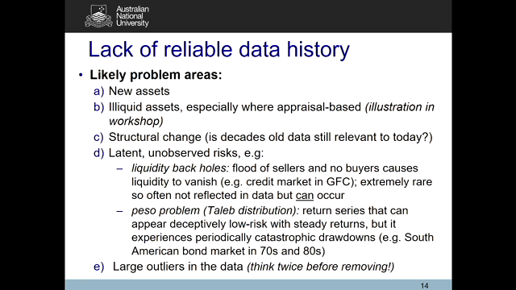And the last one to consider is large outliers in the data. So for example, let's take momentum. Momentum strategies give a pretty good return for equity markets in almost every country, not all, but most countries, and across most periods of time. So if you look at momentum strategies, they're one of those anomalies that for some reason haven't disappeared yet.